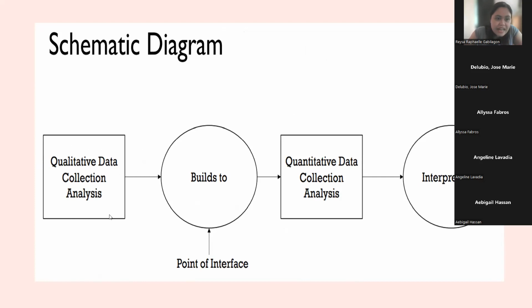Tapos, gagamitin ang result ng quali to make, kaya may nakalagay dito builds to make the quantitative research questionnaire and mako-collect mo na yung quantitative or numerical data mo. Tapos pag na-collect mo na sila lahat, maglalagay or maggagawa na tayo ng interpretation.